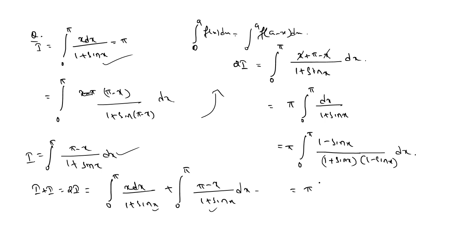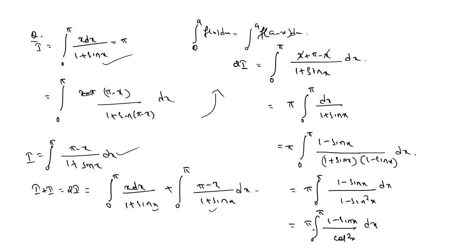So here we write pi, 0 to pi, then 1 minus sin x over 1 minus sin square x dx. Okay, so this is converted into cos square x. So 0 to pi, 1 minus sin x divided by cos square x dx.